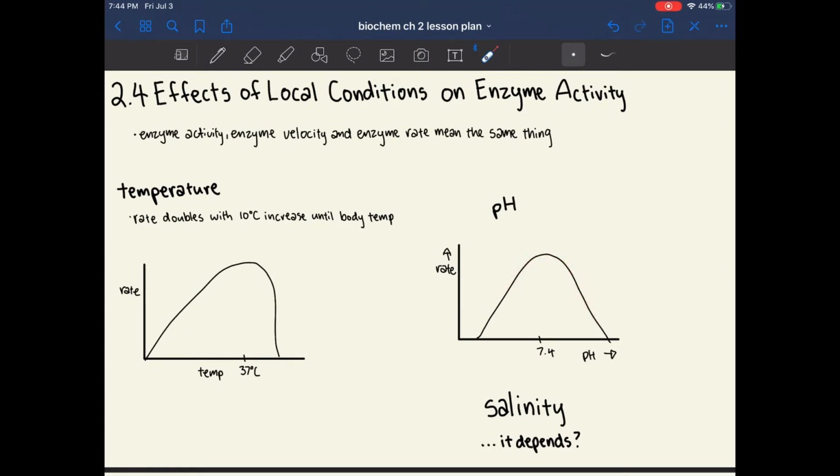So if you lower the pH or raise the pH past the pH of your body, then your enzymes will no longer function as well. The last factor is salinity, and salinity kind of depends. Salinity doesn't have a high effect on enzyme activity. However, if you have a cup of salt water and you just throw an enzyme in there, your enzyme will denature.